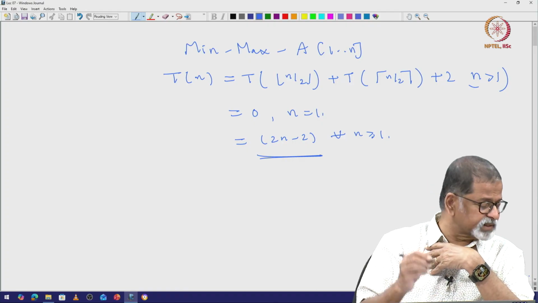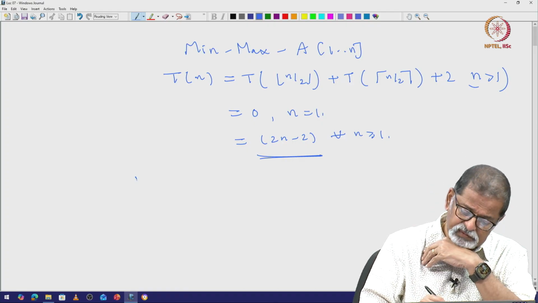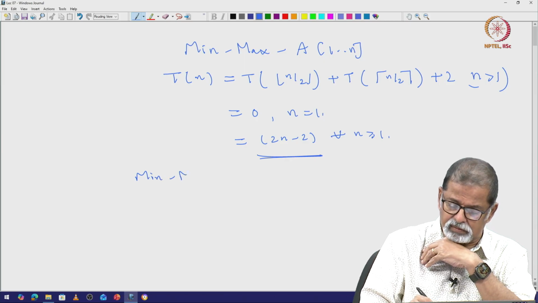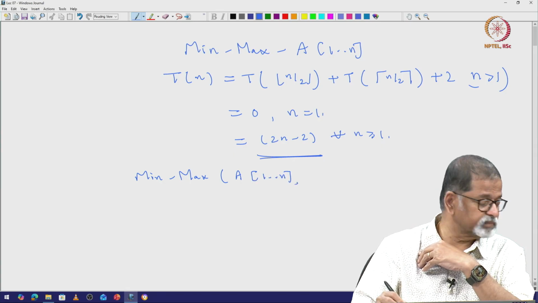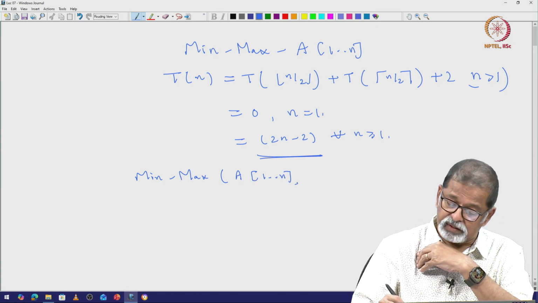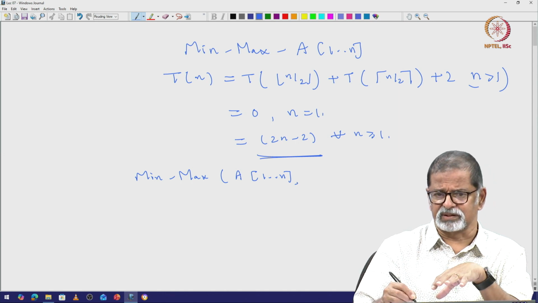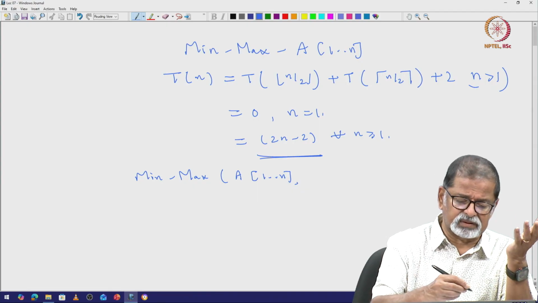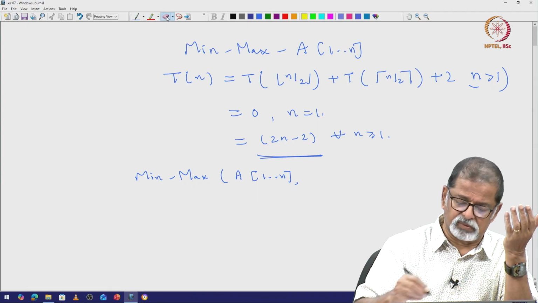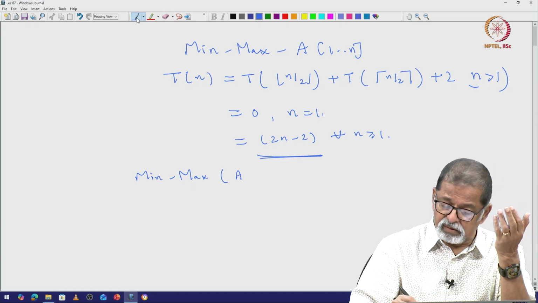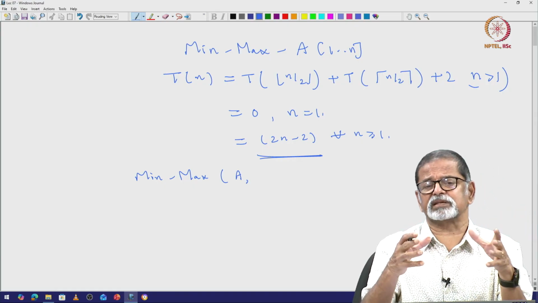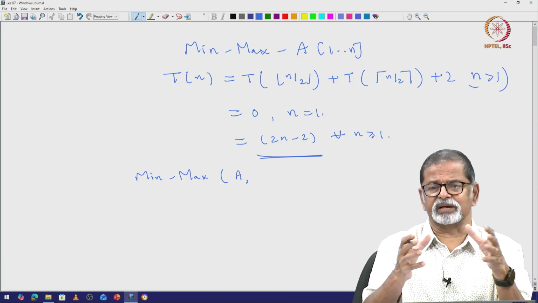Let us write MinMax of A[1..n], and it has got parameters. We are going to work on this array, but we can avoid specifying the array A. At various points you are going to work on subarrays.